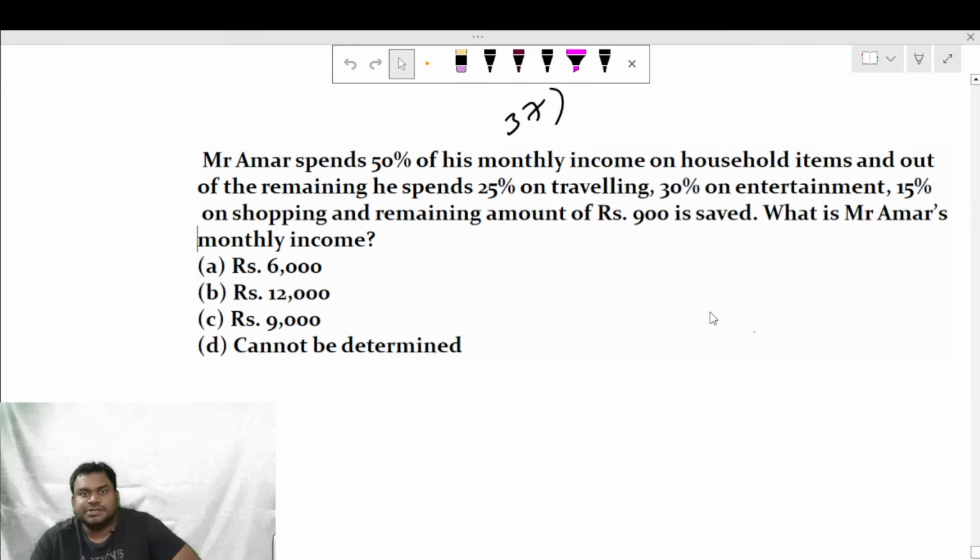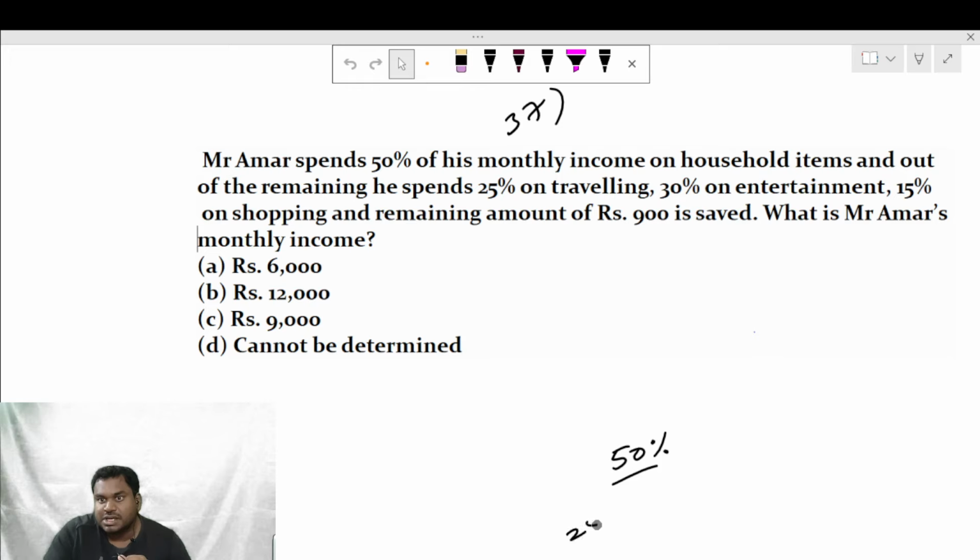He spends 50% of his monthly income on household items, and out of the remaining he spends 25% on traveling, 30% on entertainment, and 15% on shopping. 50% of the monthly income is spent on household. The remaining is 50%. In this remaining, he is spending 25 on traveling, 30 on entertainment, and 15 on shopping.